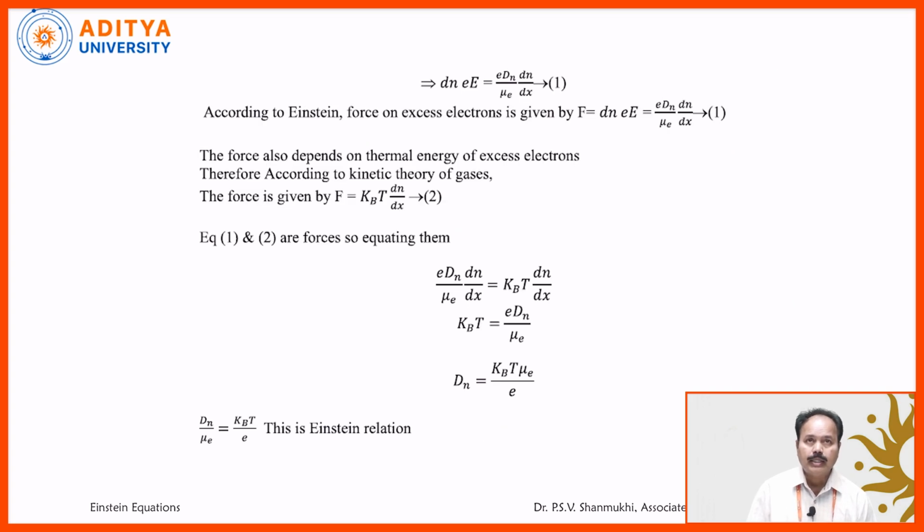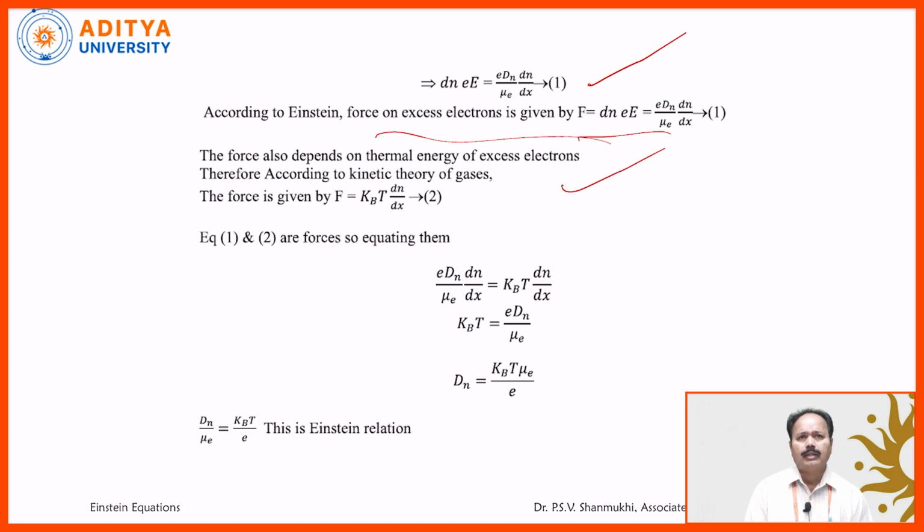So now, equating these two, we get dn into E is equal to E into D dn by dx. According to Einstein, these excess electrons are given by the force: the force equation dn into E on one side, and E D dn by mu into dn by dx on the other.